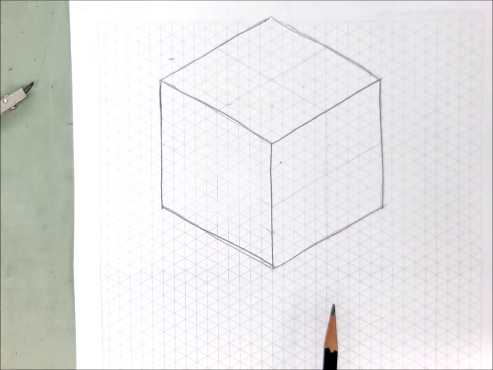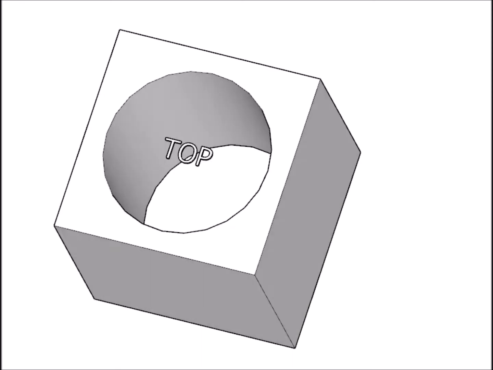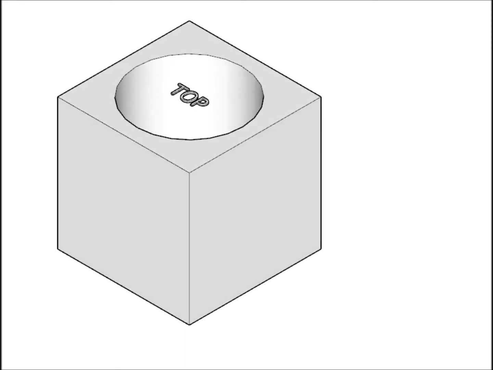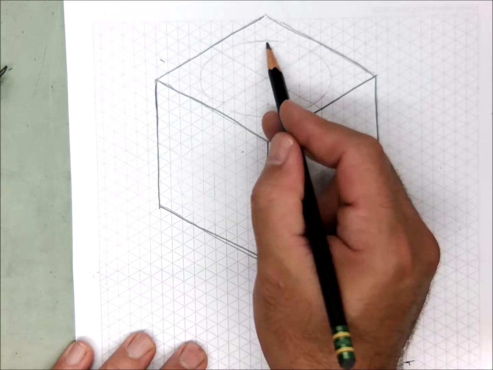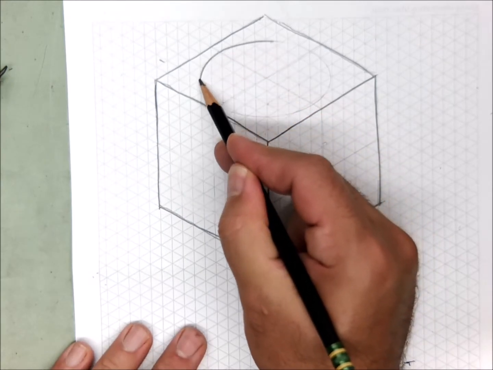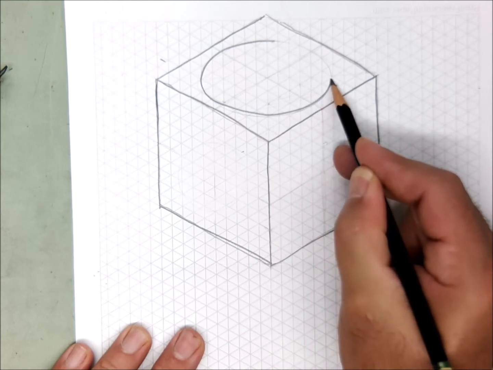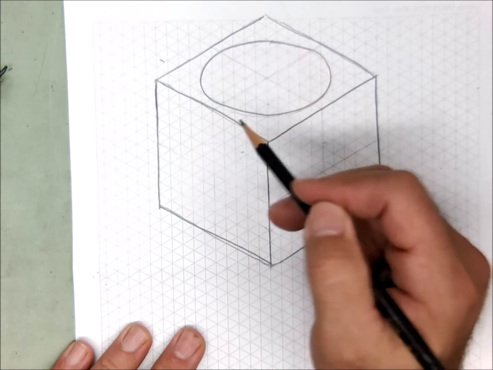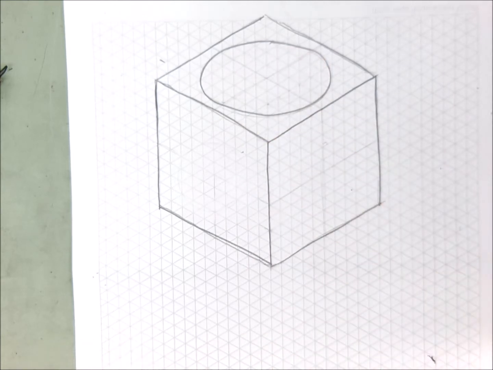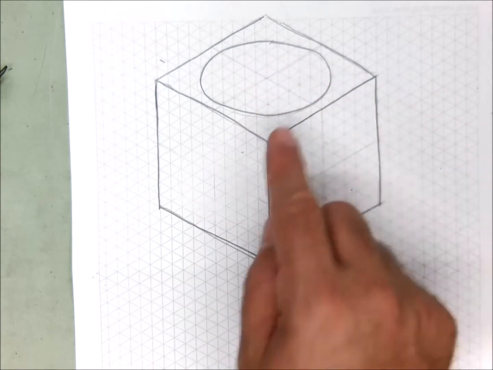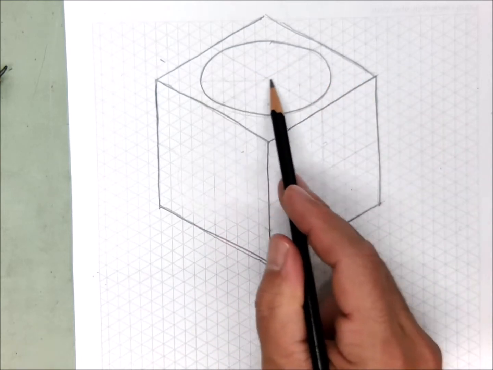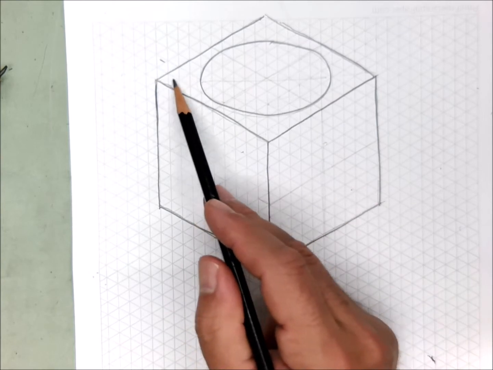What does that mean? Well, it means quite simply that if we had to draw an ellipse, and the hole that we drilled is in the top surface, well, the long axis of this ellipse follows the long axis of this diamond.